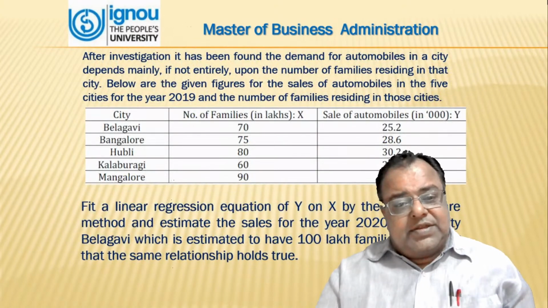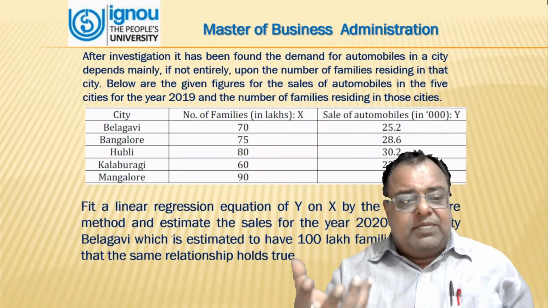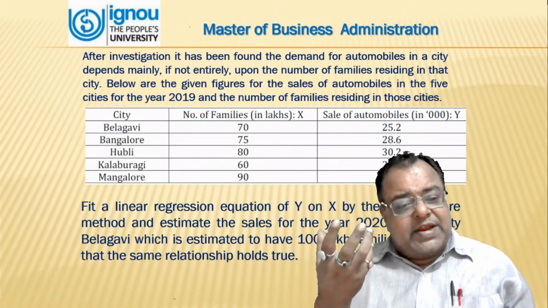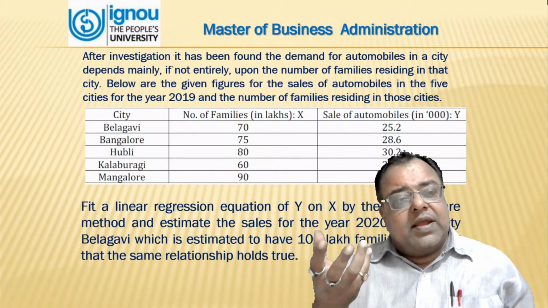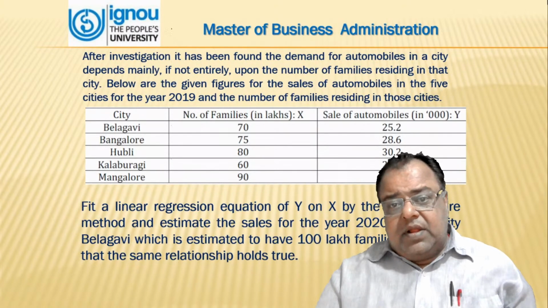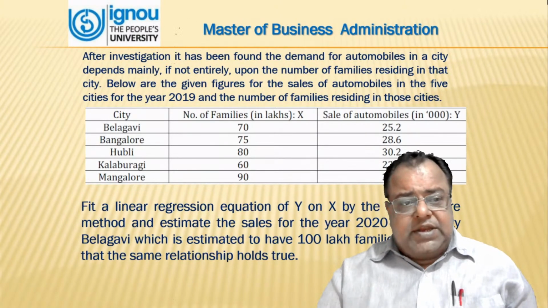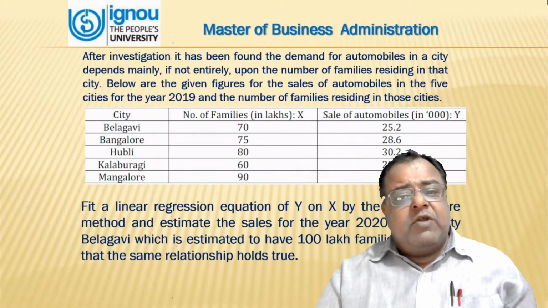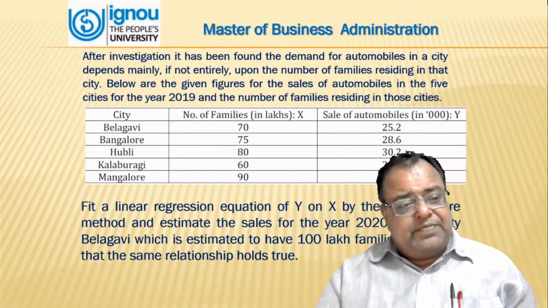Now, we can discuss a problem on how regression coefficients and regression lines are calculated or drawn. After investigation, it was found that the demand for automobiles in a city depends mainly, if not entirely, upon the number of families residing in that city.